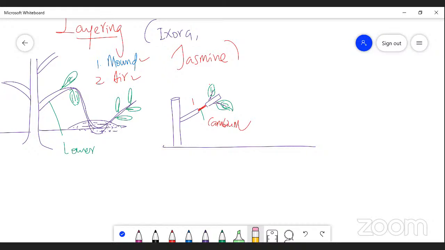Again, at the nodal region where the bark is removed, or the stem is girdled, damp soil is tied on with the help of polythene paper.